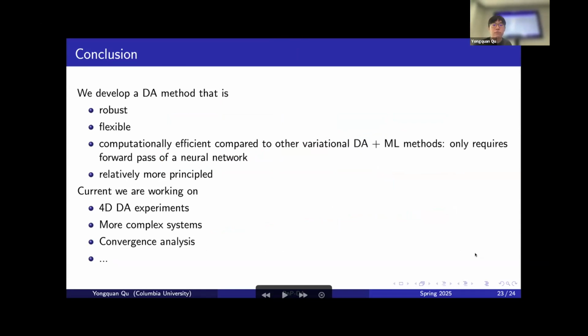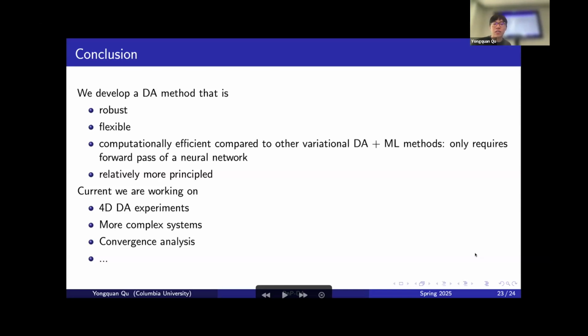And it is relatively more principled because every single component of this algorithm is well grounded, except for the interpolation step we're still looking into. Currently we're working on some 4D data assimilation experiments, and also trying to test these methods on more complex systems like 2D flows.